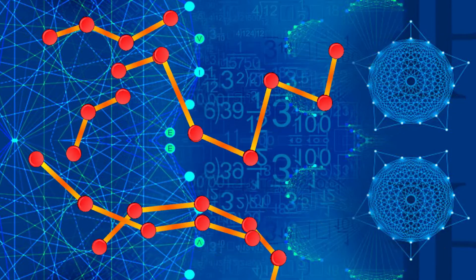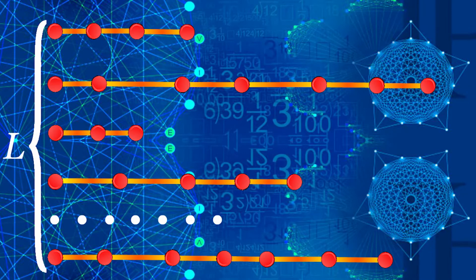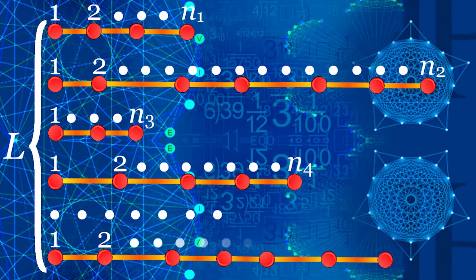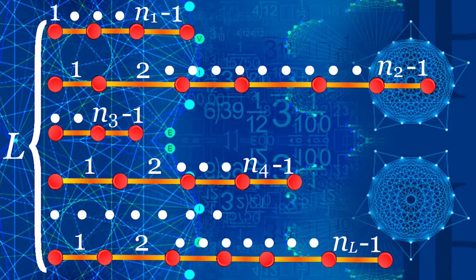Indeed, let us assume that we have L connected components. And let us assume that we have Ni vertices at the ith connected component. This immediately implies that the number of edges in the ith connected component is equal to Ni minus 1.